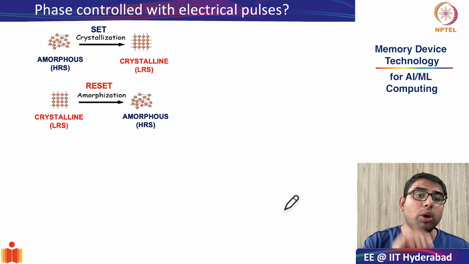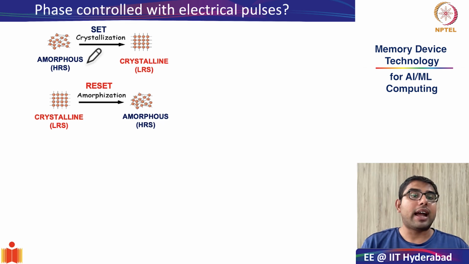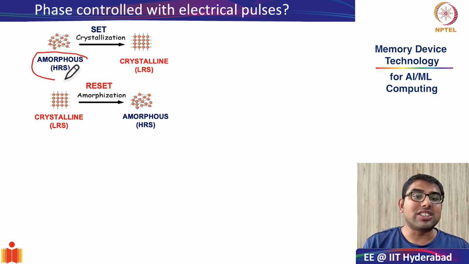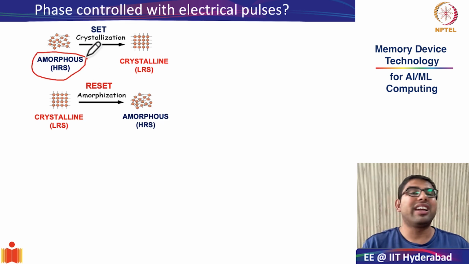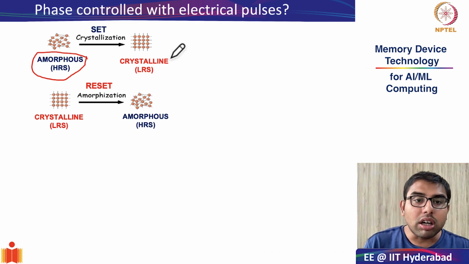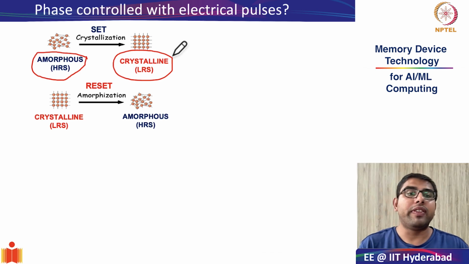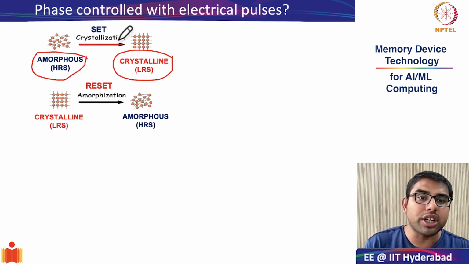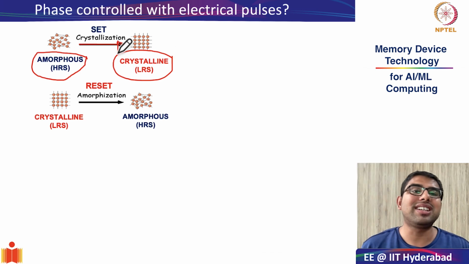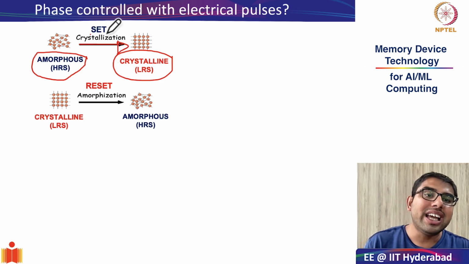Before that, very quickly, let's recall that an amorphous material is in a high resistance state because electron scattering is more through amorphous material, and the crystalline material is in a low resistance state. Therefore, the process of crystallization from amorphous to crystalline state is called the set process.